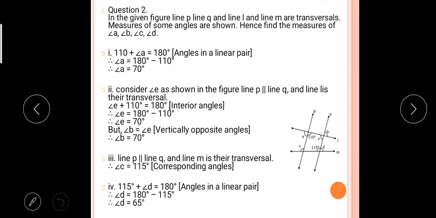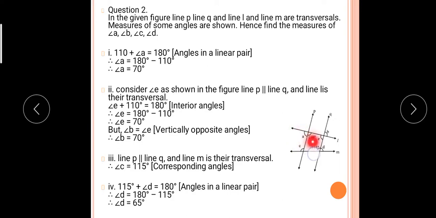Now the next question. In the given figure, line P, line Q and line L, line M are the transversals. The measures of some angles are shown. Find the measure of angles A, B, C and D. Now see, this is the diagram. Angle A. Now observe this.